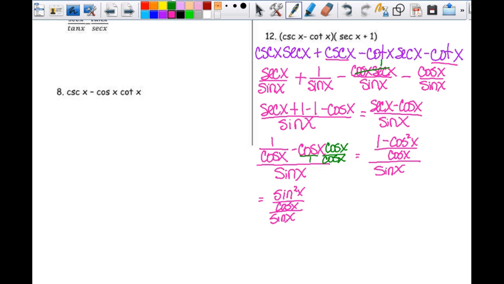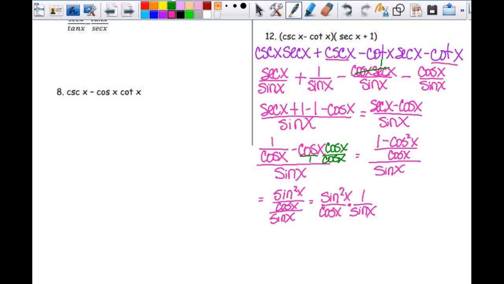So dividing by the sine of x is the same as multiplying by what? Dividing by 2 is the same as multiplying by what? 1/2. Dividing by anything is the same as multiplying by 1 over that thing. So this is the same as sine squared x over cosine of x times 1 over sine x.